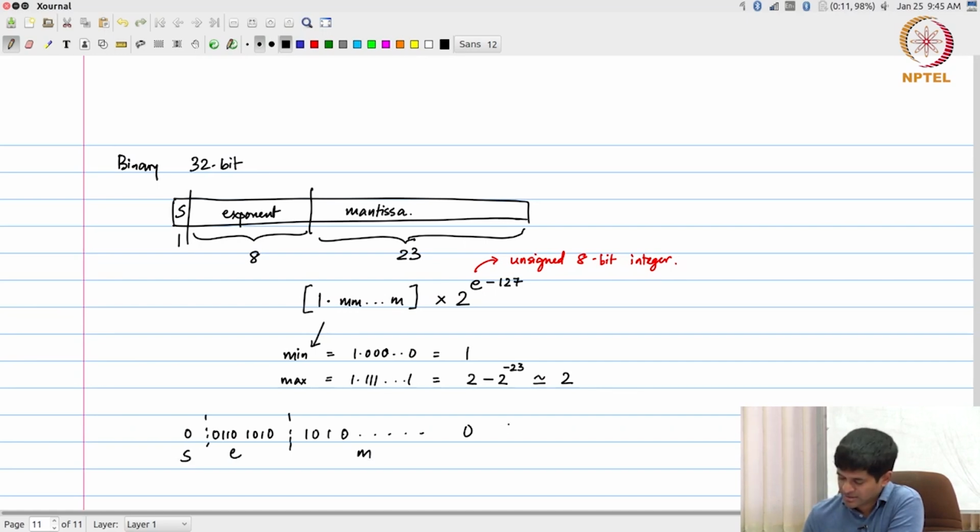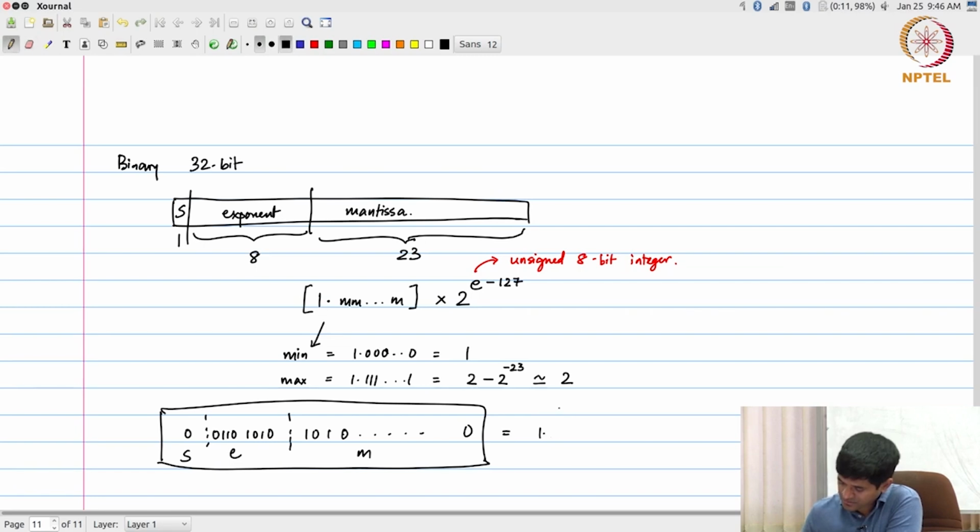So this value is going to be equal to 1.10100 into 2 power 106 minus 127, or in other words some whatever 1.5 something into 2 power minus 21, which is approximately equal to 1.5 into 10 power minus 7.